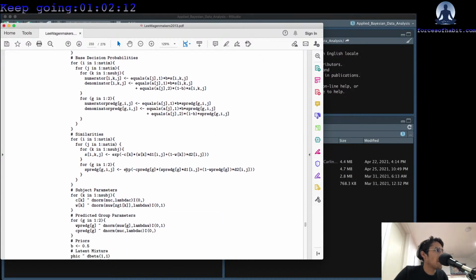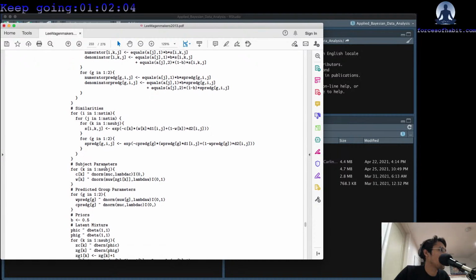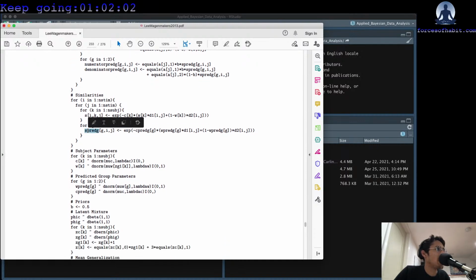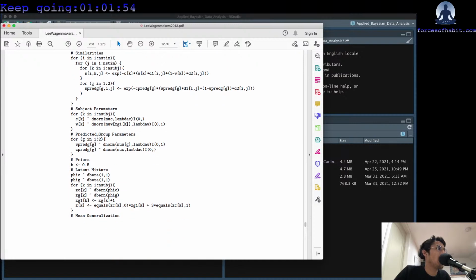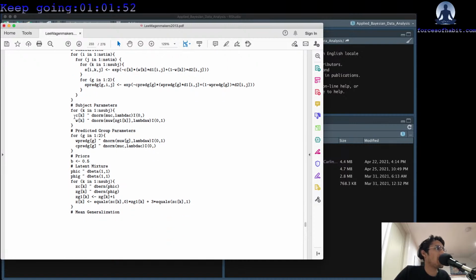And then we specify similarities for each item pair for each subject. And there's how we also, for each one, we make predictions for each of the groupings. And now the priors for the parameters.